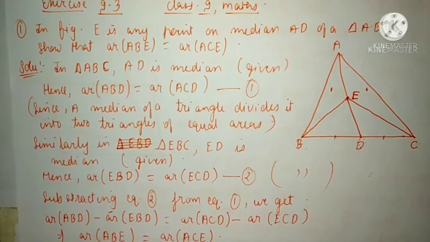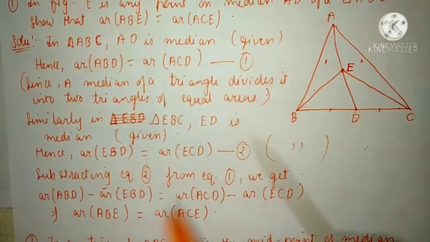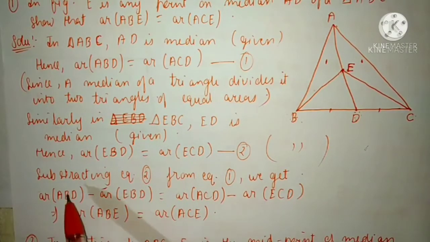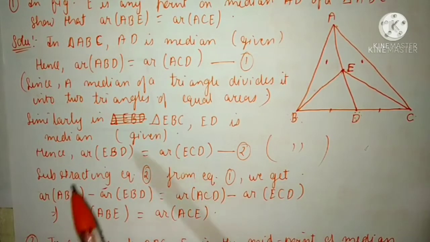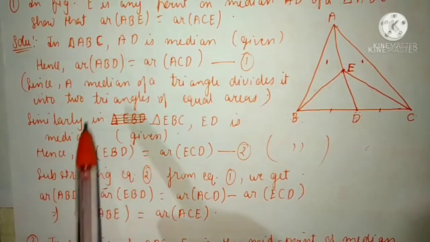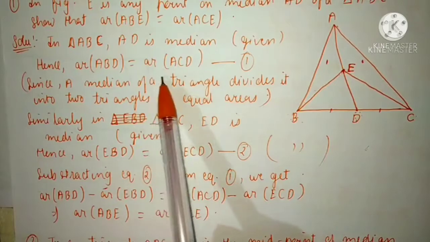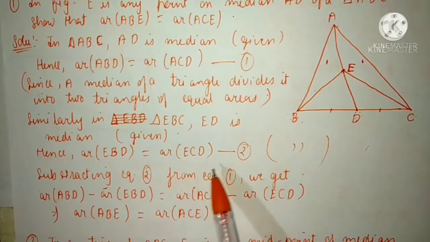Now from equation number 1 and 2, we will subtract equation number 2 from equation number 1. So first write equation number 1, since we have to subtract equation 2 from 1. First we will write area of ABD minus area of EBD is equal to area of ACD minus area of ECD.